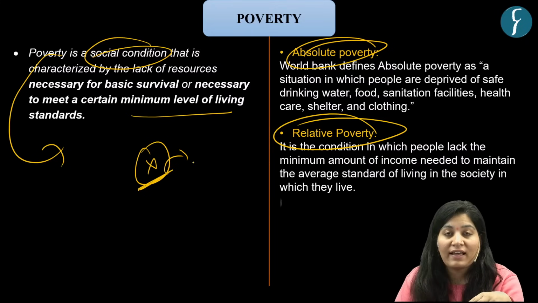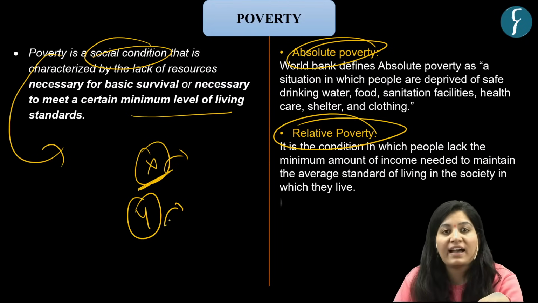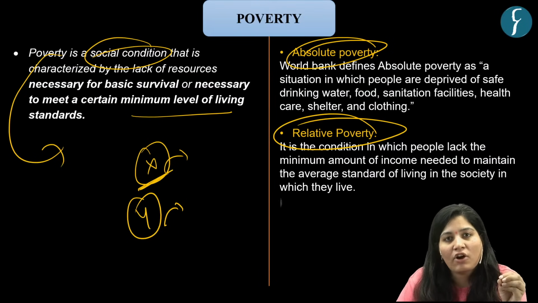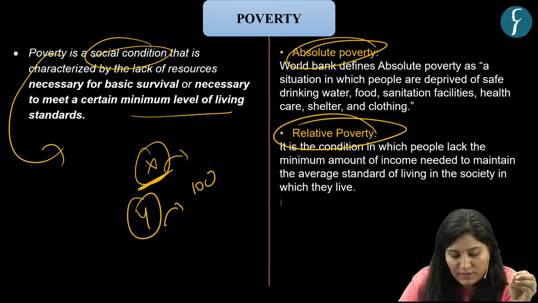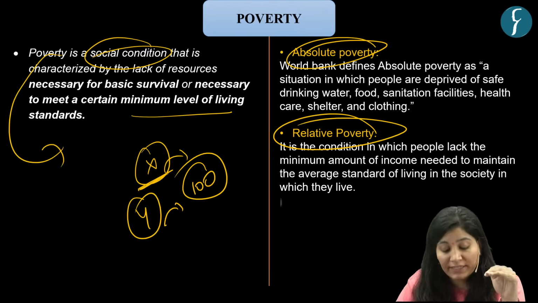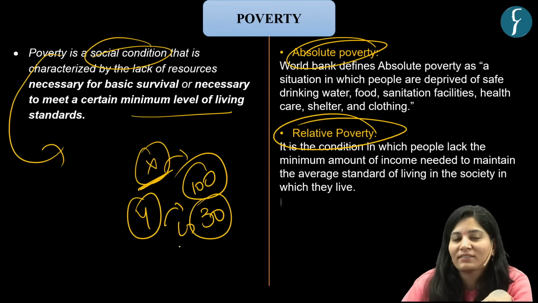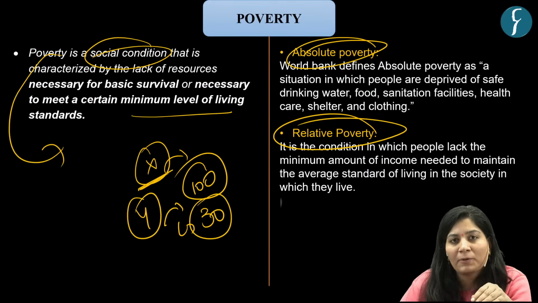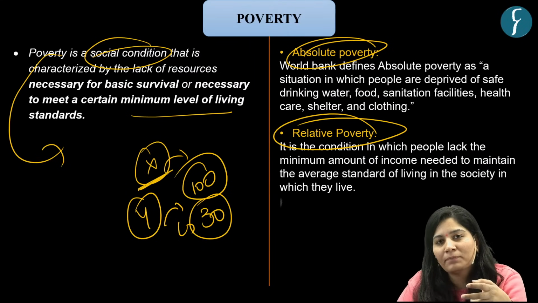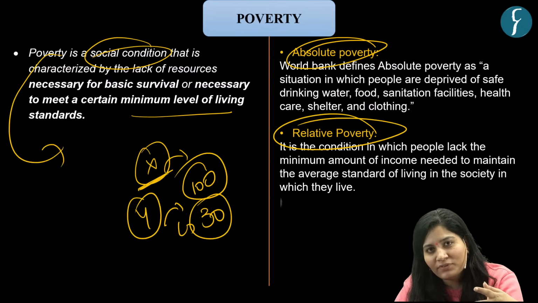Now another scenario, there is Y guy. This guy is living in a country where the median or average income is 100 rupees, and this guy is earning 30 rupees. Now with these 30 rupees, this guy may buy some of the basic amenities.